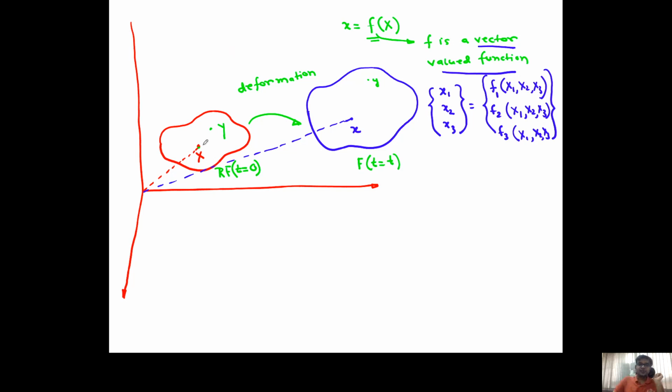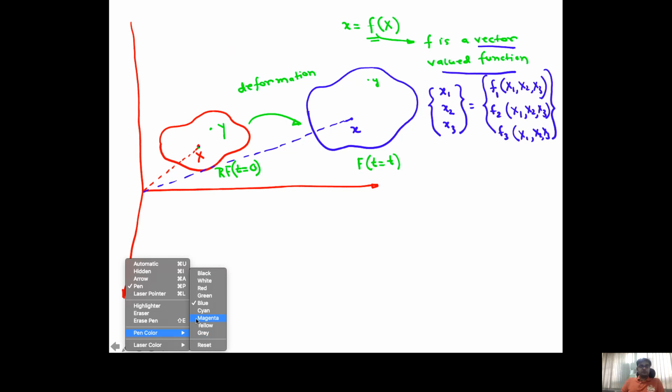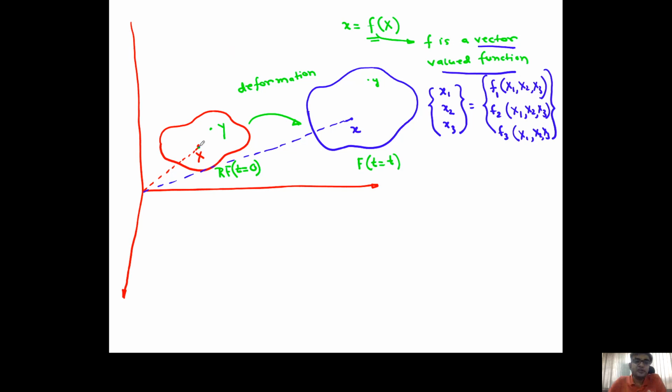So now this was capital X, and this is small x. Now what is the deformation or displacement in this case? The displacement is this one, right? So this one is your displacement u.